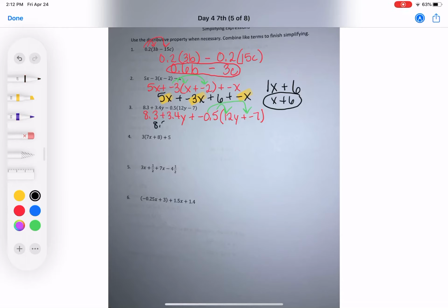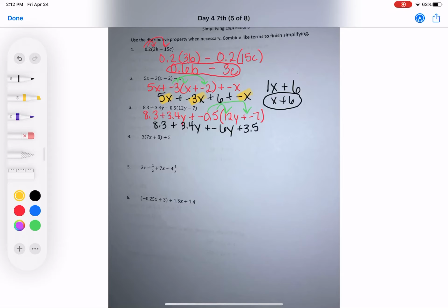So I have 8.3 plus 3.4y, negative 0.5 times 12 is negative 6y, and negative 0.5 times negative 7 is positive 3.5.